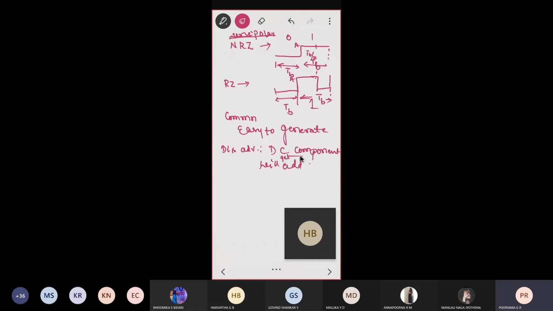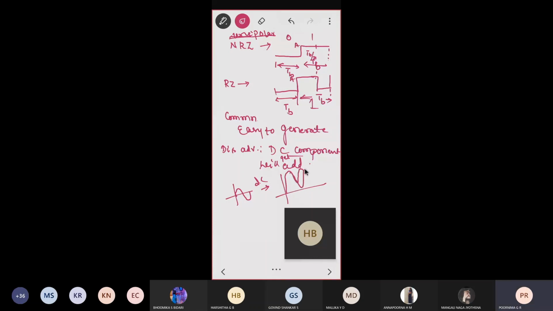The best example you can see is that if there is a biasing condition that is not properly stabilized, the amplifiers will have a DC component. Another best example from your third semester is clippers and clampers, which you have studied. For the clampers, if you are taking a sinusoidal signal and there is a DC component added, it will go above like this, right?